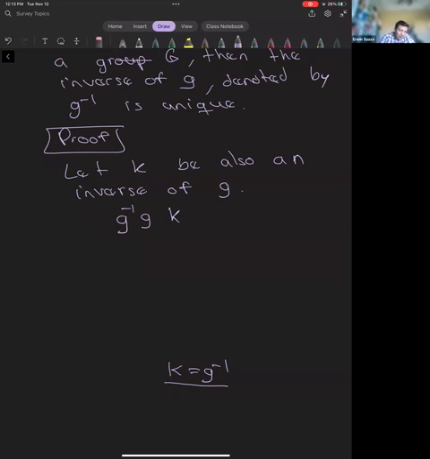Let me put it like this. I'm going to write it like books do, but the process of thinking is not like this.